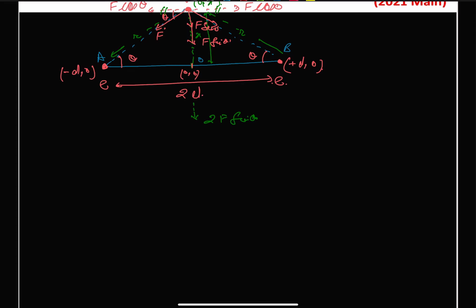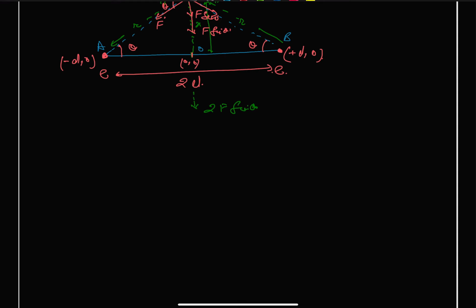So for the net restoring force that will be acting in the y direction, first of all let us find the force due to one electron. That force F will be equal to 1 upon 4 pi epsilon naught, e square upon r square.